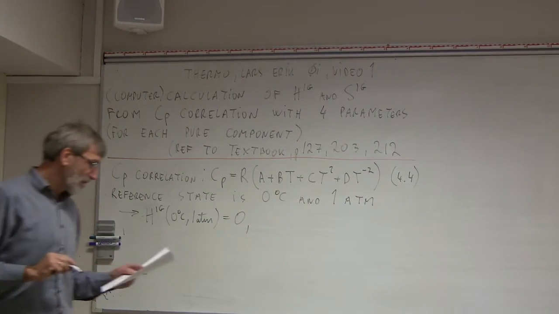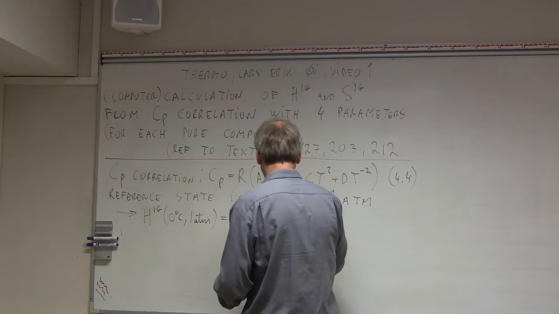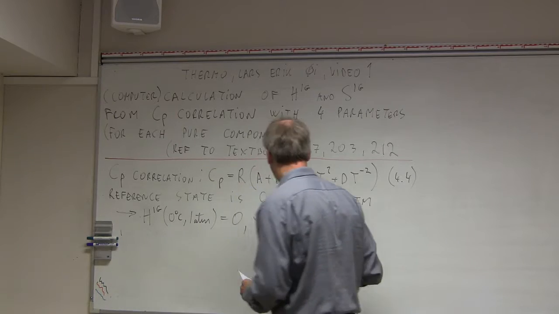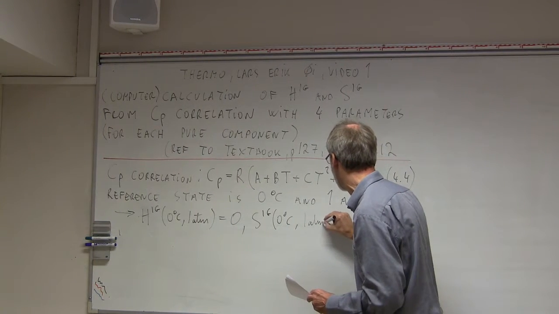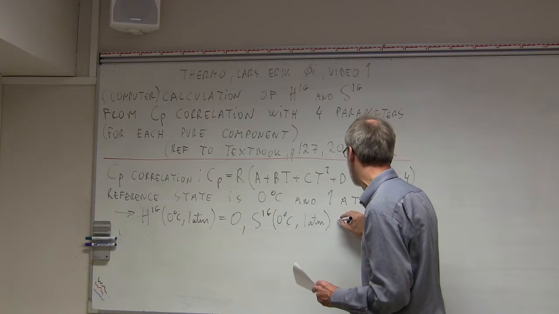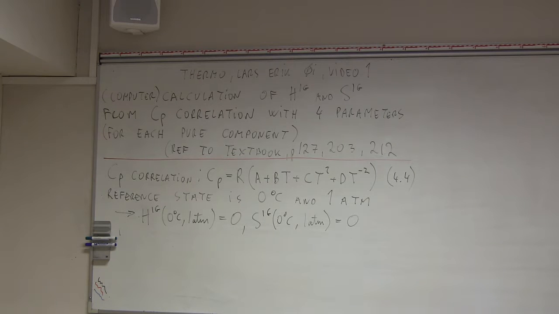And the same for ideal gas entropy. If we take it for 0 degrees and 1 atmosphere, then the ideal gas entropy is 0 as a starting point.